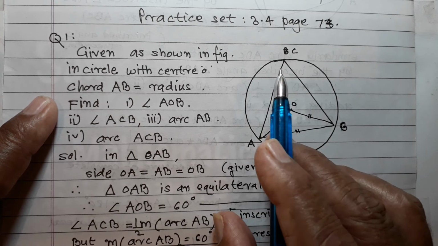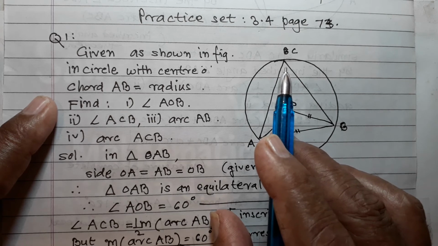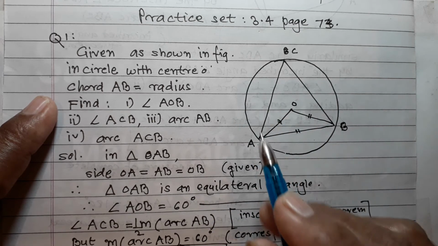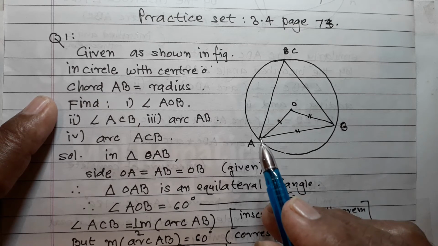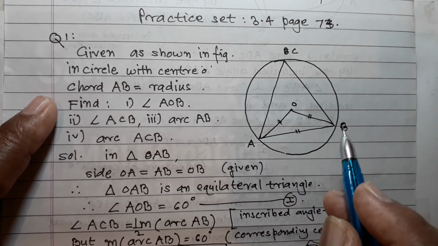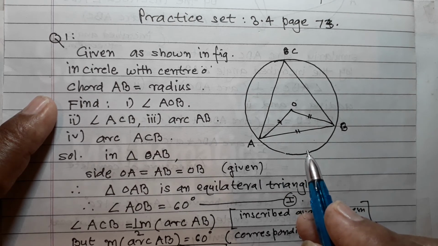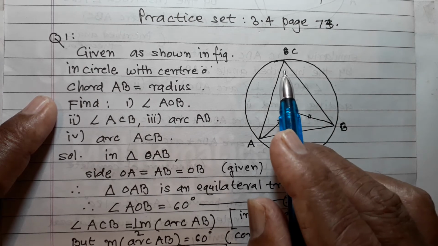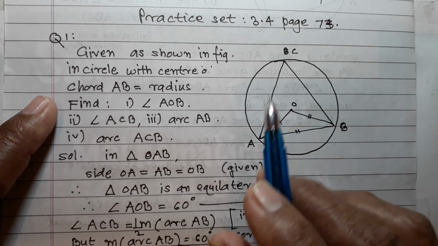Then you can find this angle. You know this is the inscribed angle. Therefore angle ACB is half of this arc. So this arc is 60, and therefore this angle is 30 degrees.